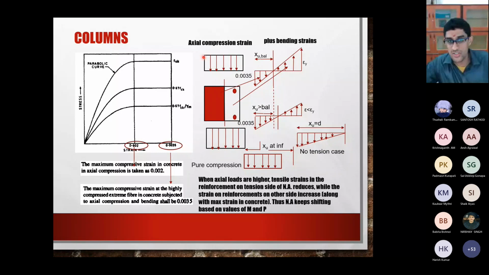This is the stress distribution for pure compression, and I keep increasing the compressive force, the axial compression in the column. So what happens to this rectangular stress distribution?